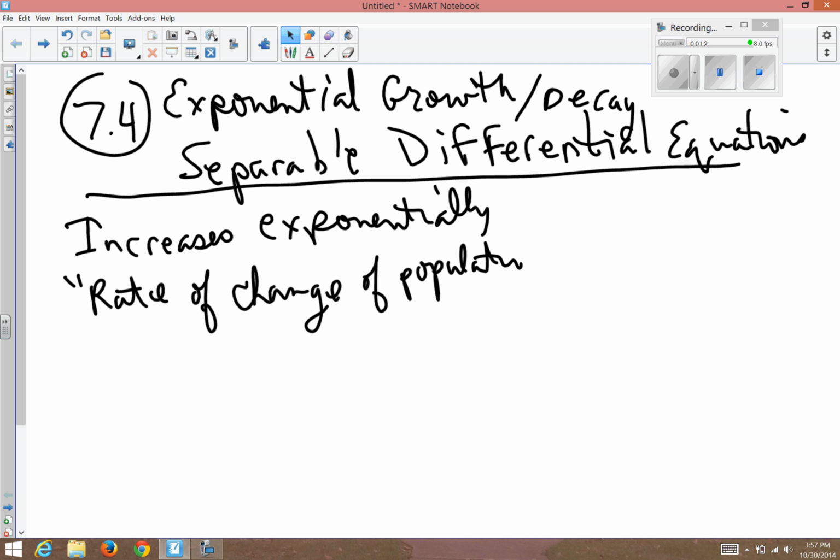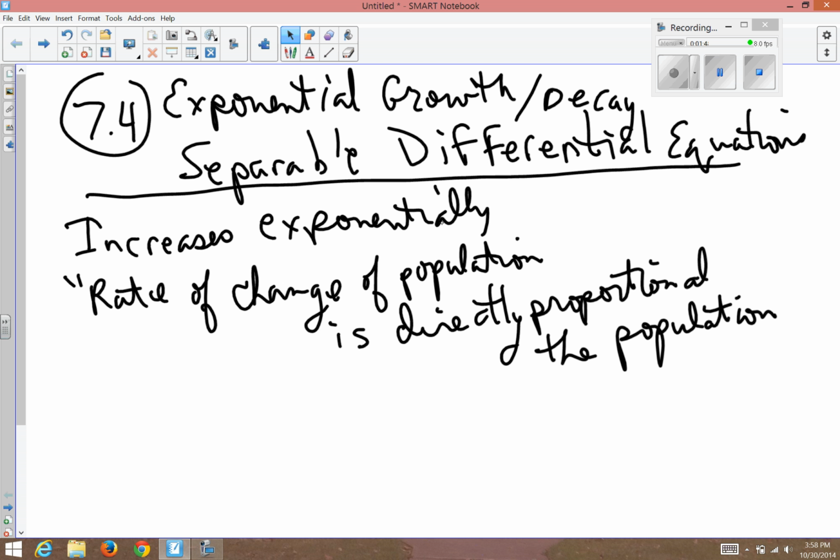So these phrases are what we mean by exponential growth or decay. If something increases or decreases exponentially, that's the same as saying the rate of change of population is directly proportional to the population.